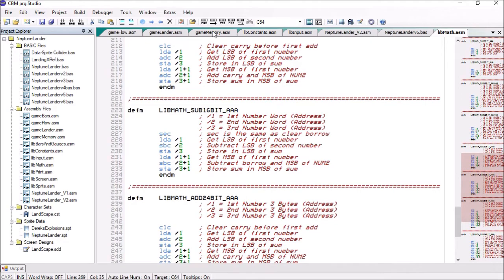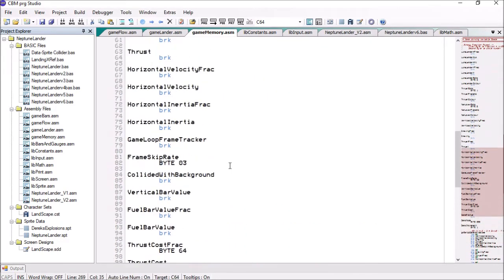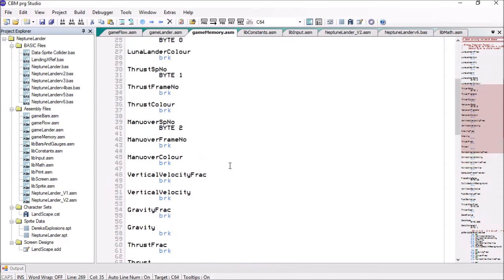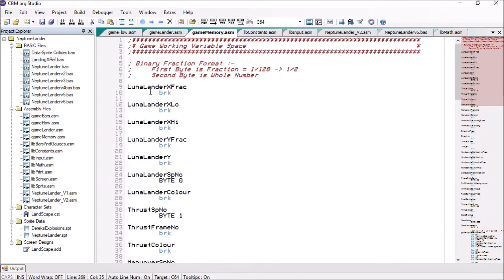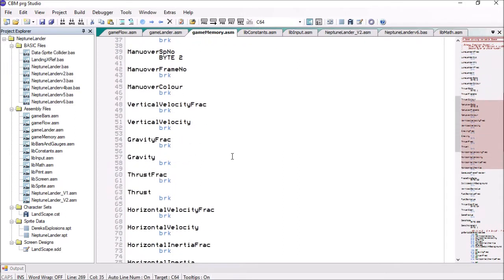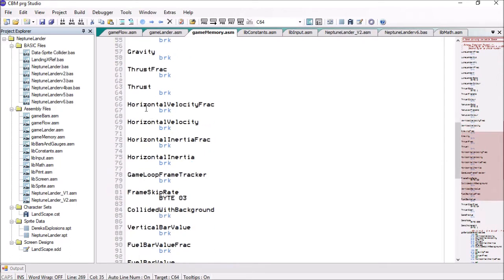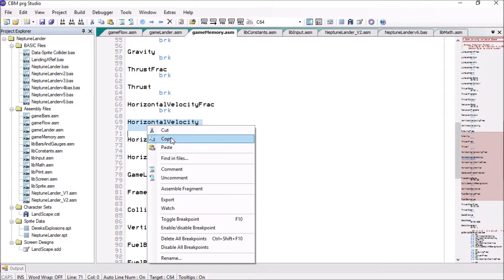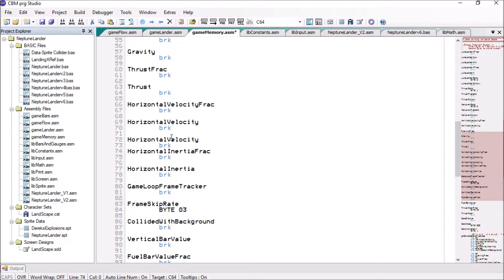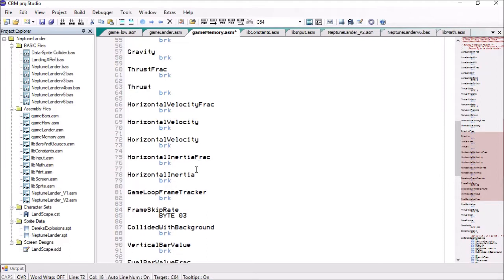So when we look at the memory, we should have 3 bytes. X, 1, 2, 3. Yeah, that's right. And the velocity is only 2. Inertia is the velocity, isn't it? That's only 2. So what we need to do is put another one in there.